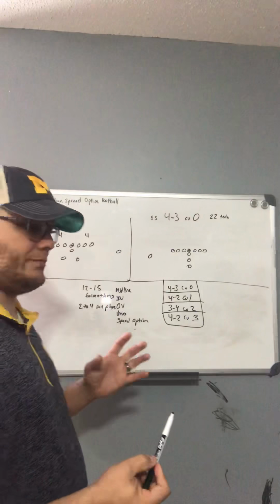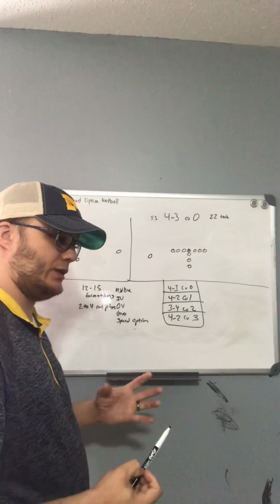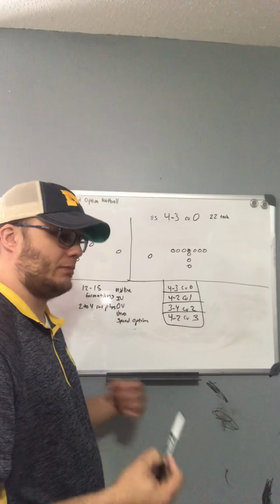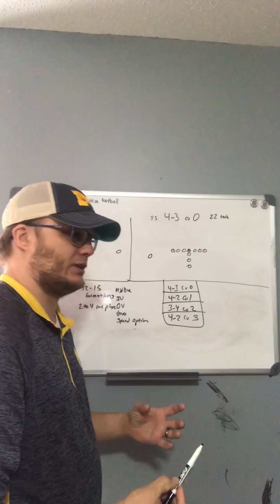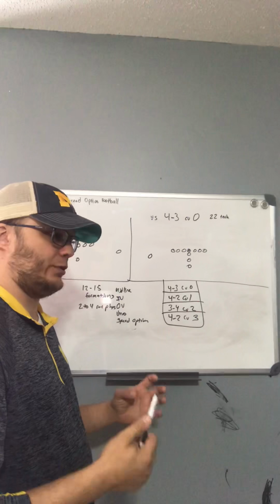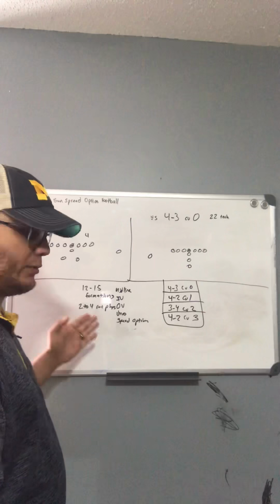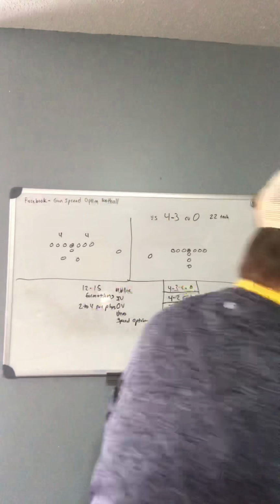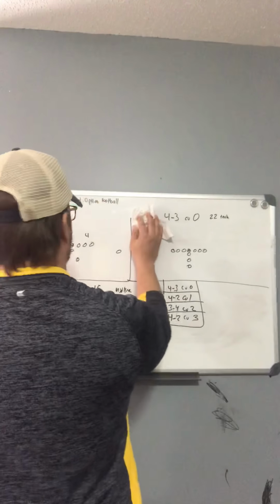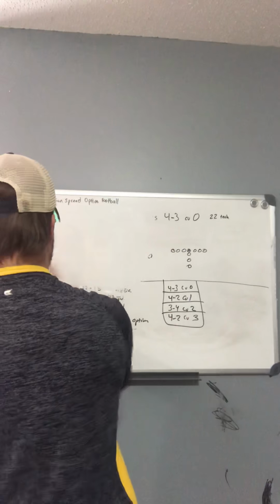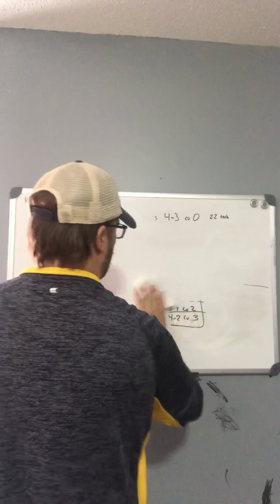To me, especially in high school, it's easy to line up against 1 or 2 formations. You really have to know your defense inside and out as a player if you need to line up against 12, 15 formations. And I can give you an example of what I mean by this real quick.